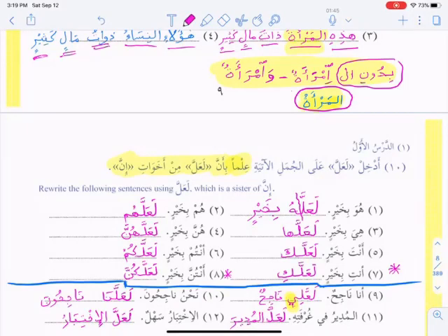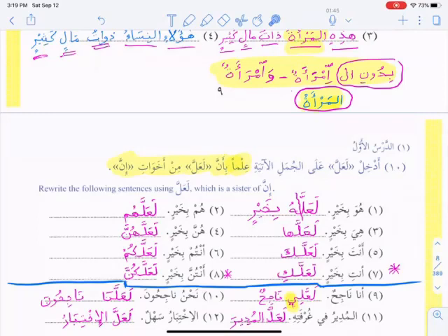Hum bi khairin. So what will you say? La'allahum bi khairin. Hiya bi khairin. What will you say? La'allaha bi khairin. Hunna bi khairin, la'allahunna bi khairin. Anta bi khairin, la'allaka bi khairin. This you can say even when you say, kaifa haluka, ya akhi, la'allaka bi khair.